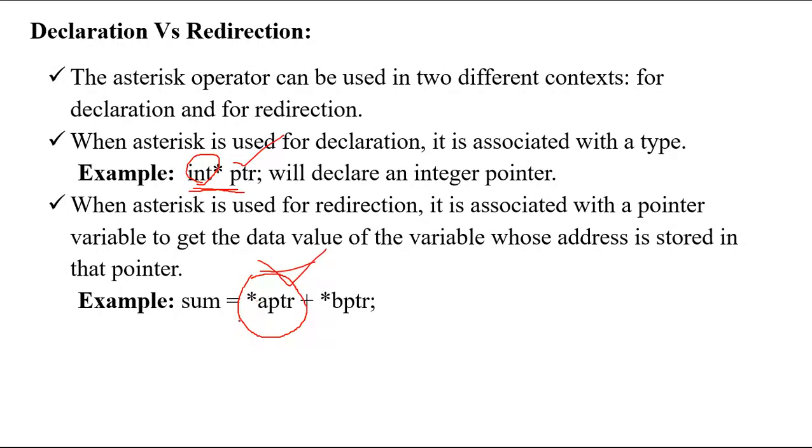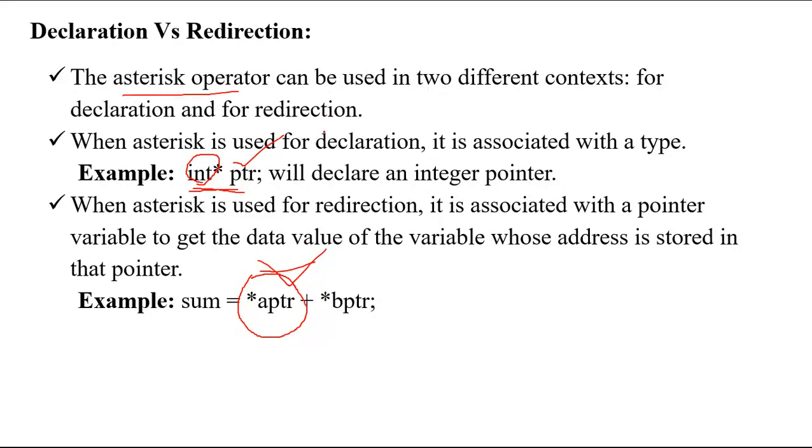Over here, *aptr will give you the value from this aptr. So like this, the star indirection operator will act like a value retrieval thing. Over here it is used to declare a pointer, over here it is used to indirect a pointer. So those two are different uses of this asterisk operator.